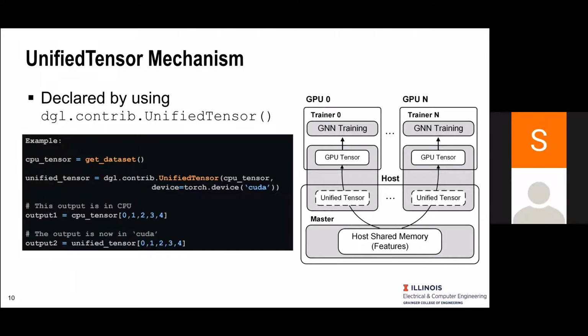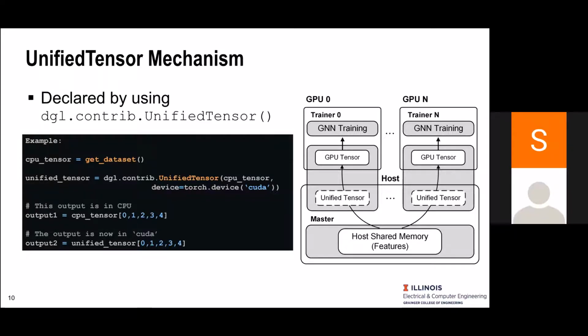Here's a more detailed look at the mechanism of unified tensor. Currently, unified tensor is already upstreamed to DGL, and it can be called using dgl.contrib.UnifiedTensor. So here's a more concrete example. Let's say you get some dataset by calling a certain function, and this returns a CPU tensor.